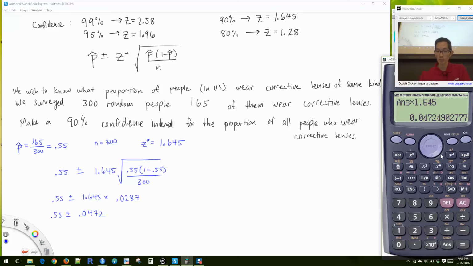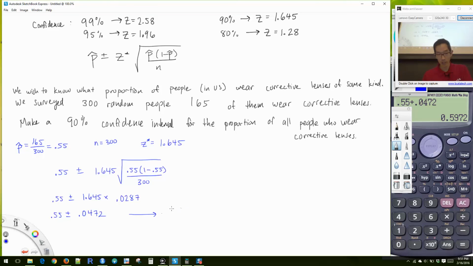Now I have to do the typing. 0.55 plus 0.0472 gives me the high end, or what I might call the upper bound of our confidence interval, which is 0.5972.